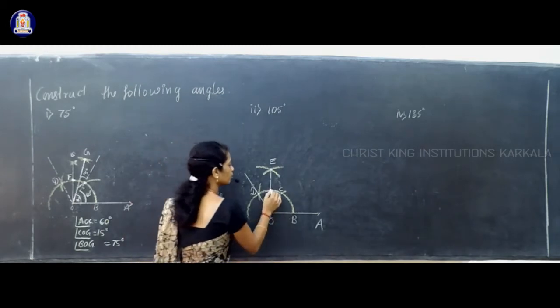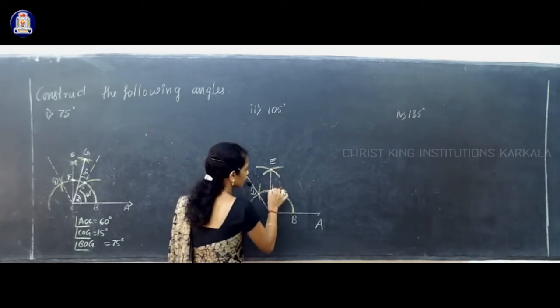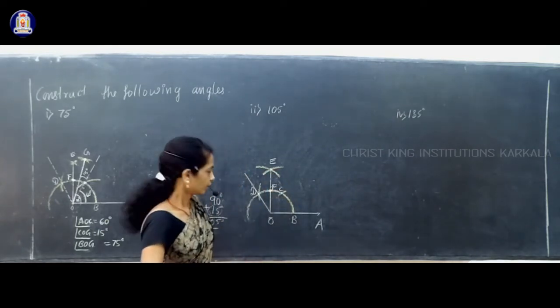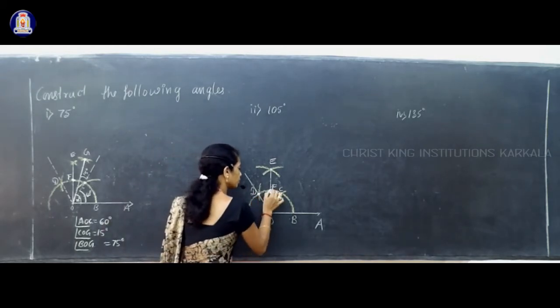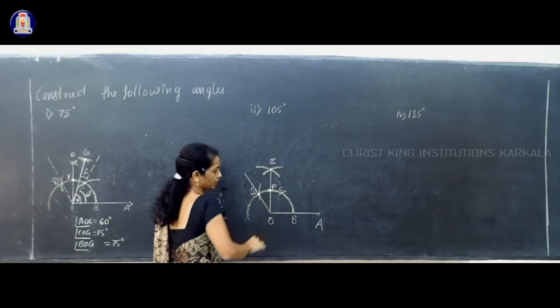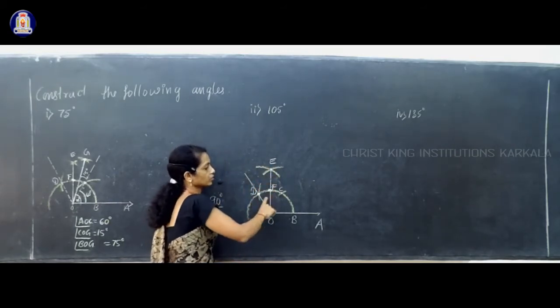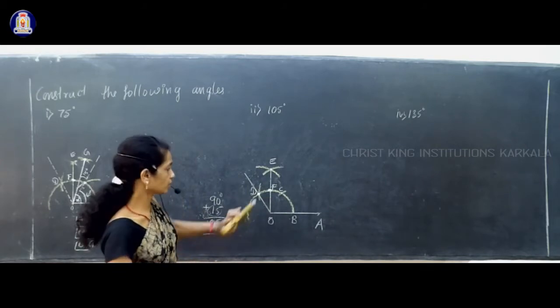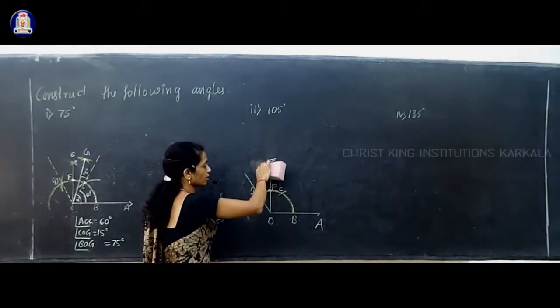I will take the point of intersection of the semicircle and this 90 degree line as F. Okay. Now you have to use the points D and F, because we are now constructing the angle bisector of this 30 degree. The two points where the 30 degree lines intersect the semicircle, those two points you have to use, and I will erase these extra arcs.